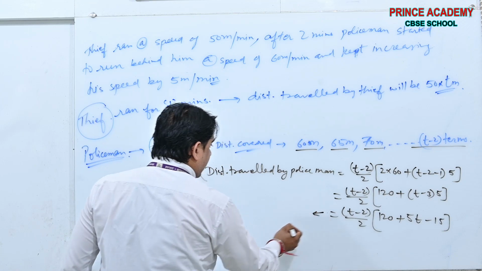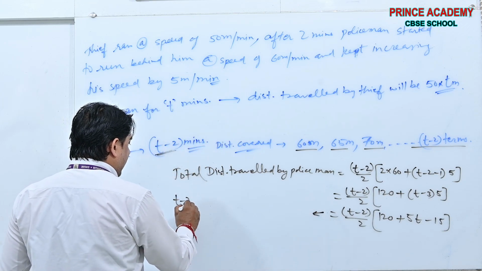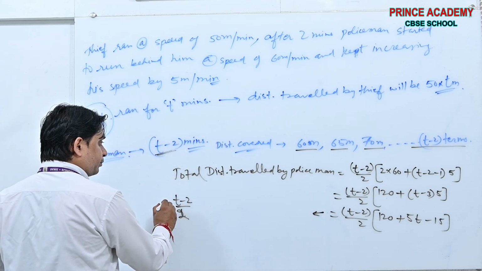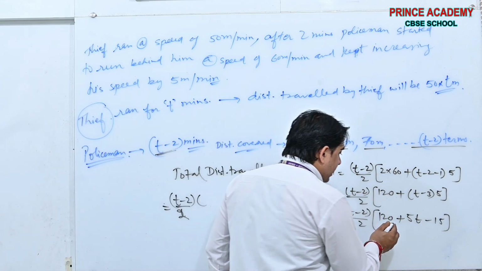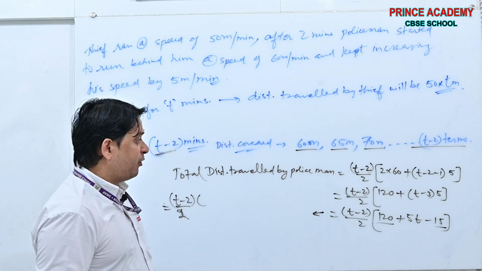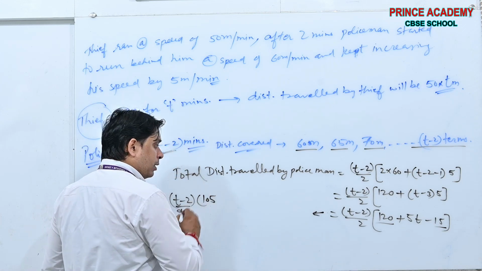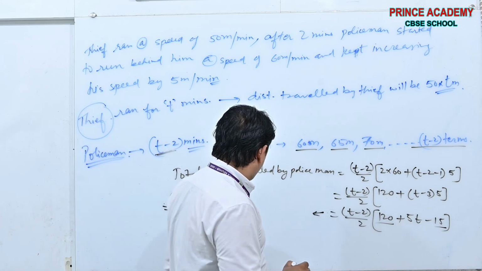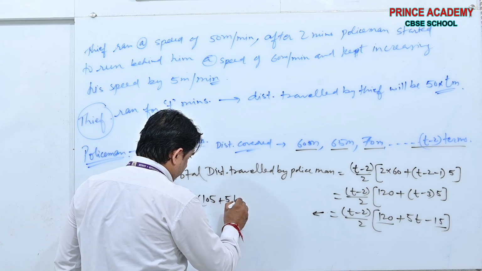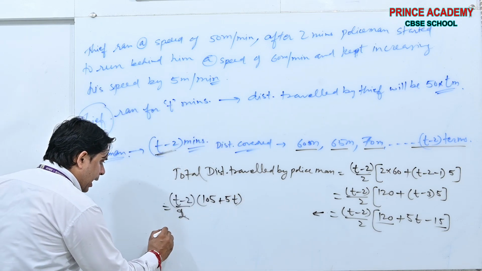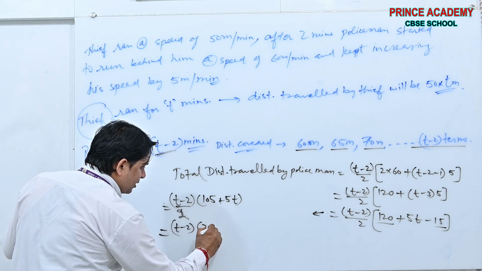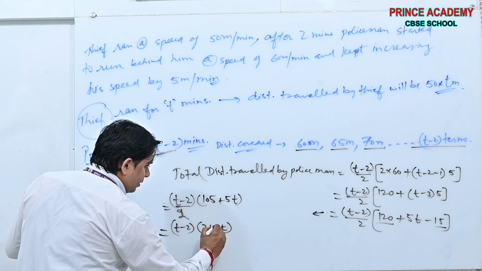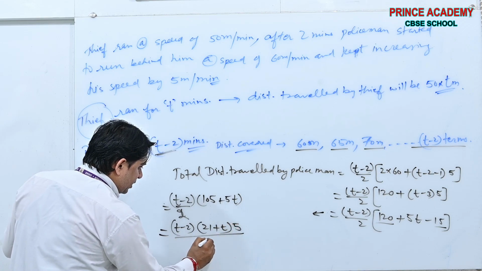Okay, now I am writing here beta, T minus 2 by 2 into 120 minus 15, 105, and then plus 5T. Okay, now 5 can be taken as common. Yes or no? This is the distance.